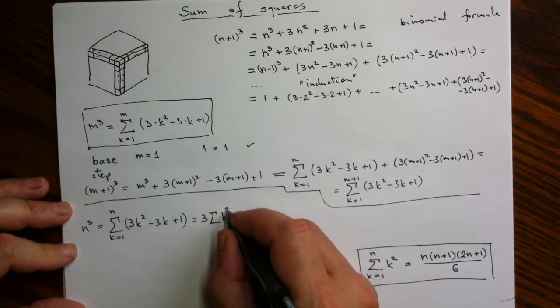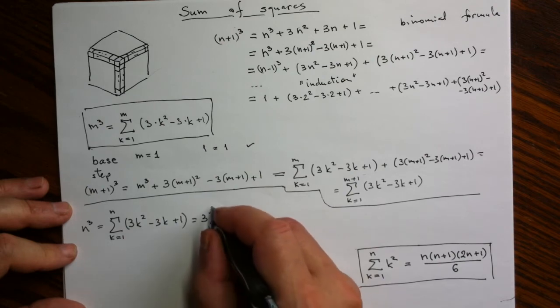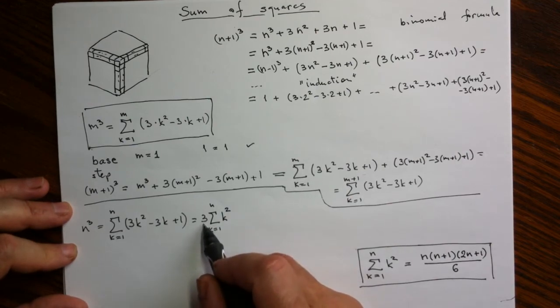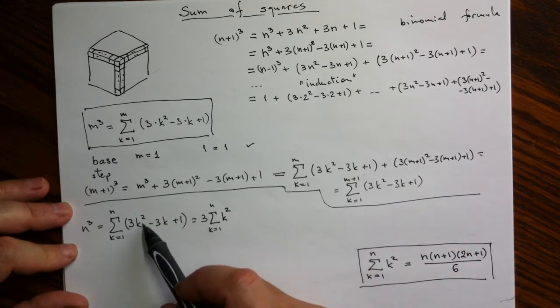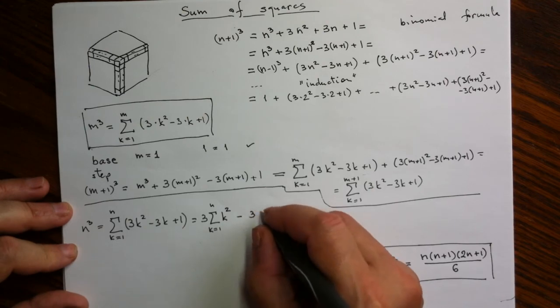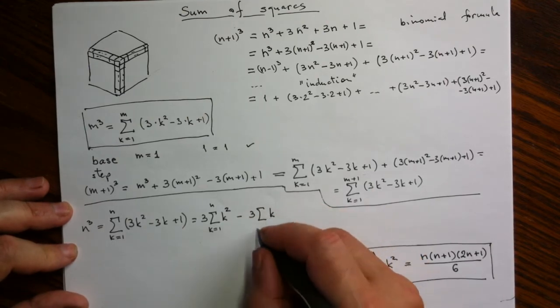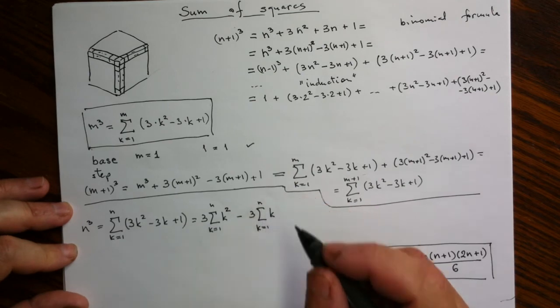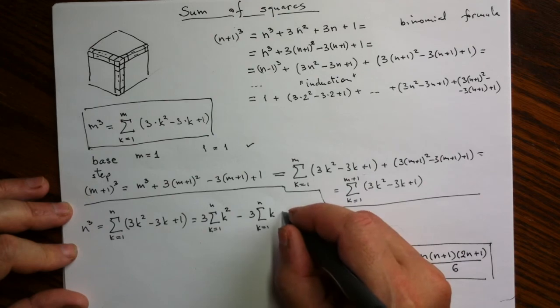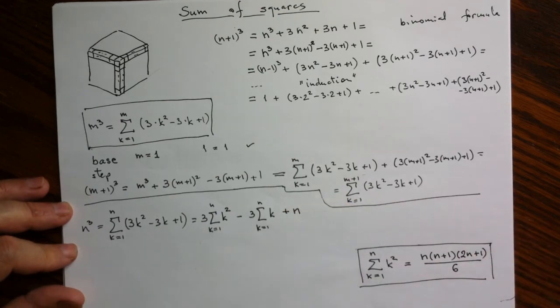One will be of k squared. That's, after all, what we need to write down as a product. And it will appear three times because each of the k squares appears with coefficient 3. In a similar way, we'll have 3 times the sum of just plain k, which is the arithmetic progression. And the last bit, which we'll have to sum n times, is just constant 1. And taken n times, it will give us n.